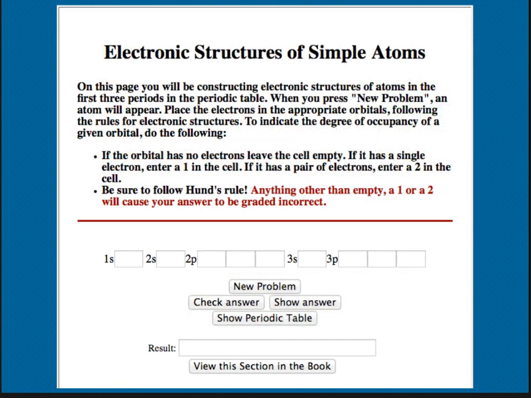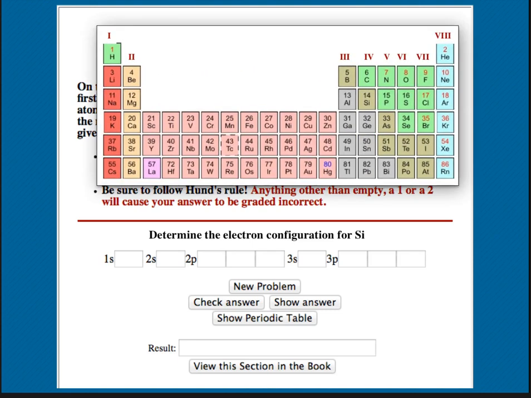Do one more, silicon. Silicon is right under carbon. It's here in our 3rd period. We know what to do, right? If it's in the 3rd period, the 1st period is full with 2 electrons. The 2nd period has 2 in the s, 6 in the p.